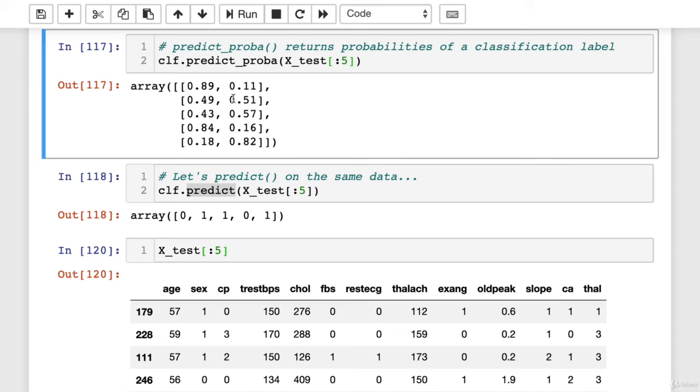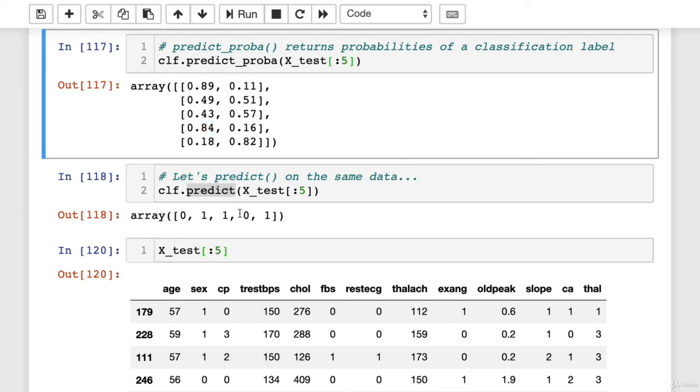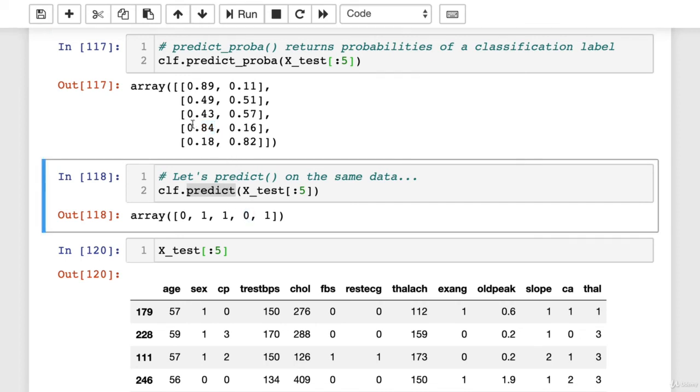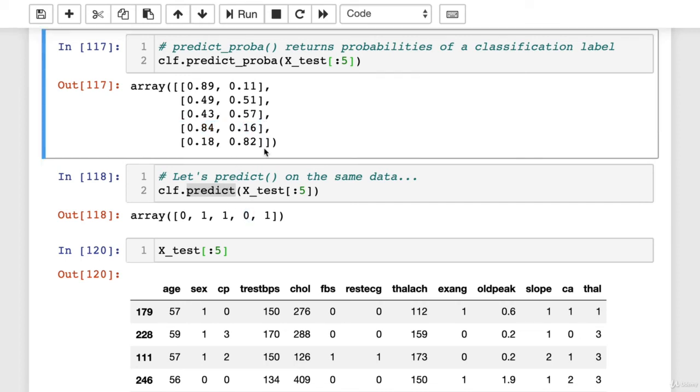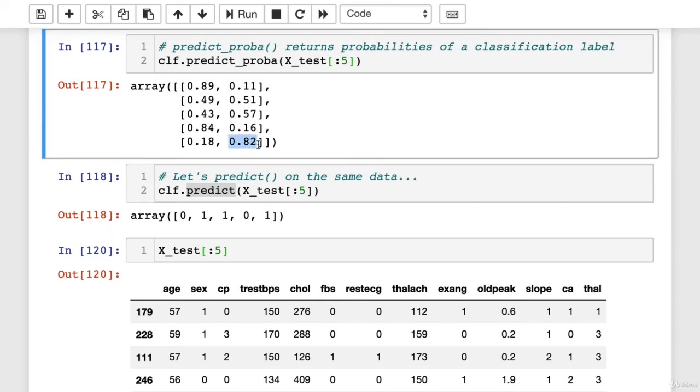So this one has over 0.5 and it gets assigned a label of 1. Same with the next one. And this one has over 0.5, so it gets assigned a label of 0, which is the index of this array here. And then finally, for this one, it gets assigned a label of 1 because this one is over 0.5 with a value of 0.82.